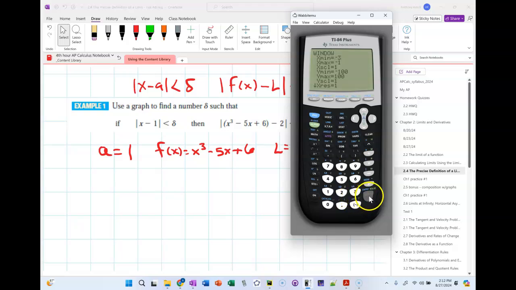Let's go maybe -3 to 3, because a has to be in that interval somewhere, so that should be enough.